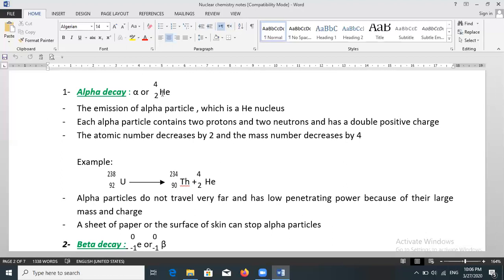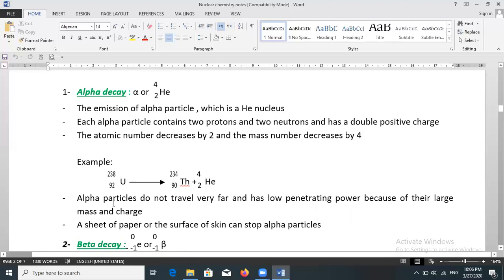Each alpha particle consists of 2 protons and 2 neutrons, so the net charge of this radiation is positive. The third thing, the atomic number: when this radioactive element begins to give out alpha radiation, what happens? The atomic number decreases by 2 and the mass number decreases by 4.